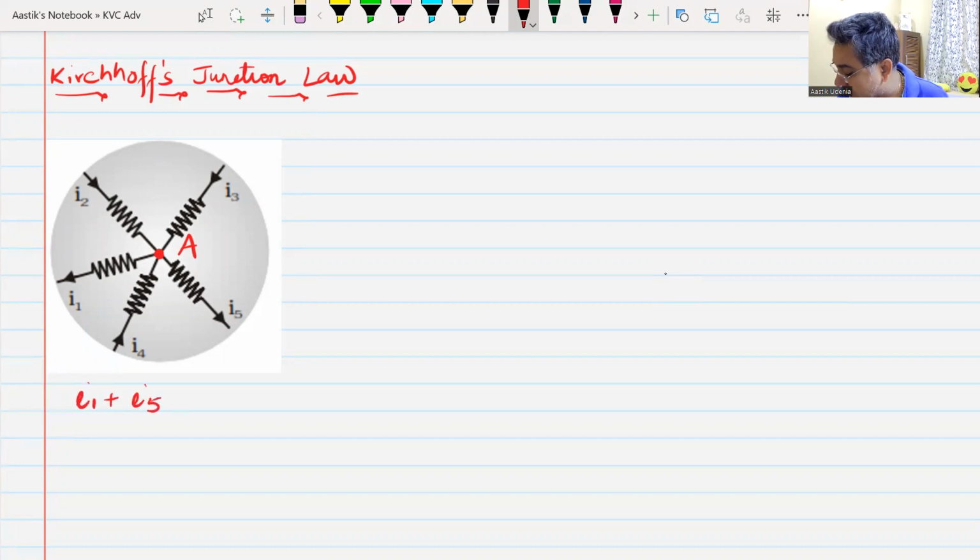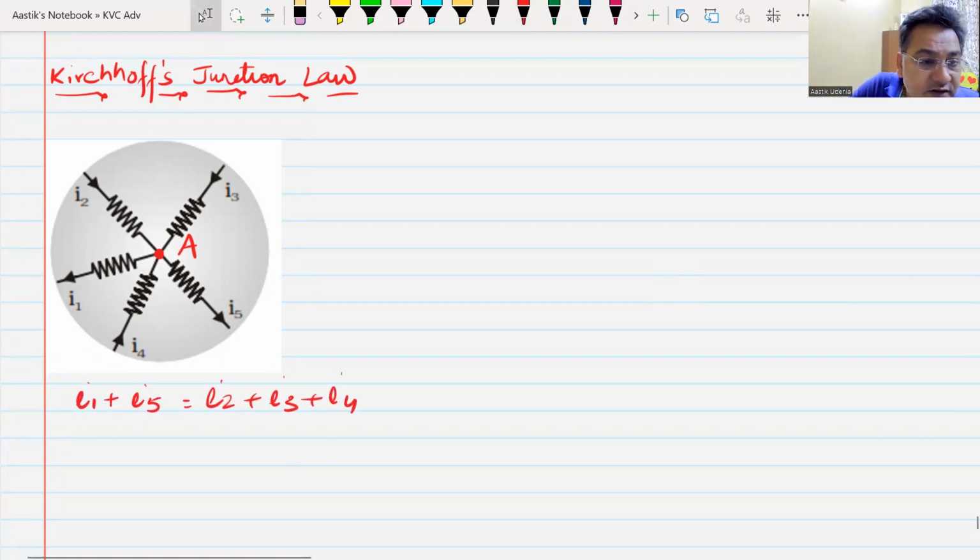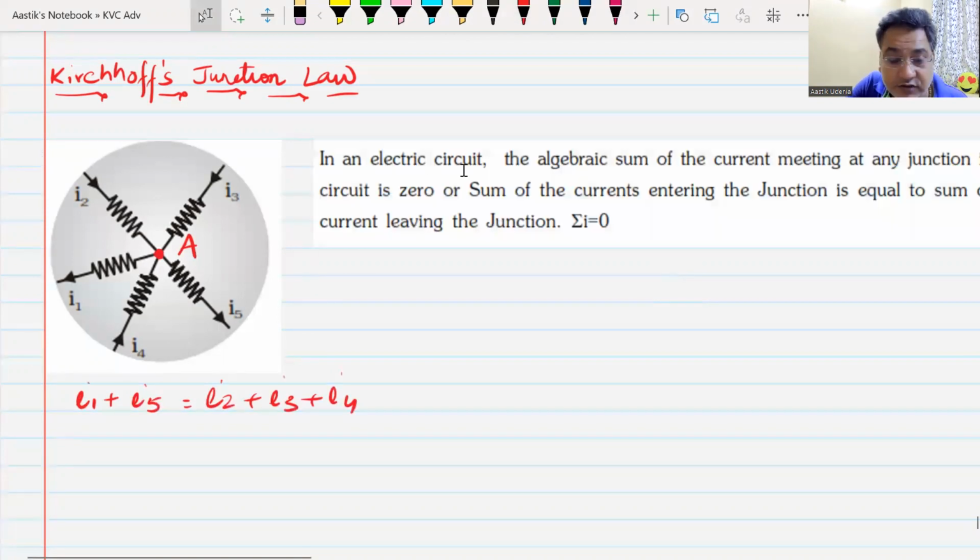The incoming currents are I1 and I5, and the outgoing currents are I2 plus I3 plus I4. This is Kirchhoff's junction law or Kirchhoff's current law. The sum of current coming into a junction, the incoming current, is equal to the outgoing current.